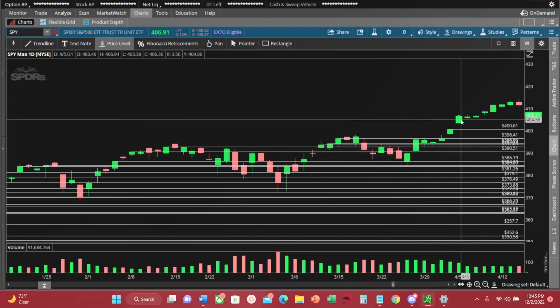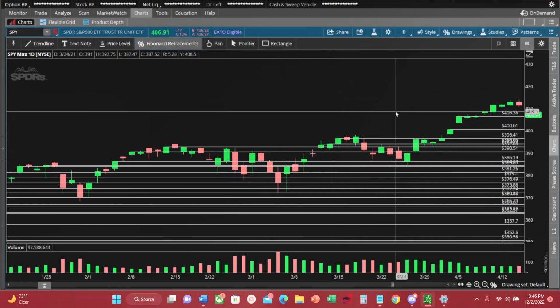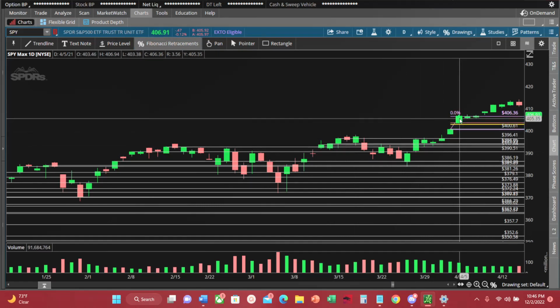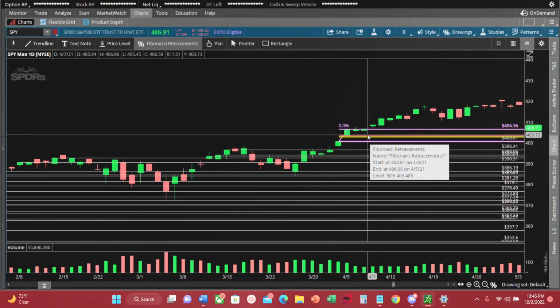Super easy. So this is going to be one that I'm definitely going to want to grab a midpoint between. Normally I'd grab between this one too. I don't know what that level is. 403.49.